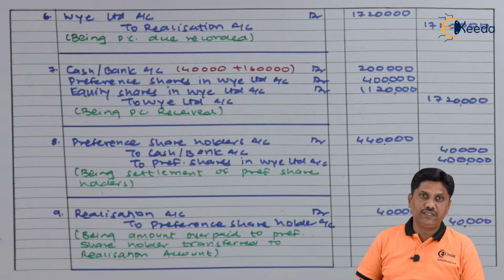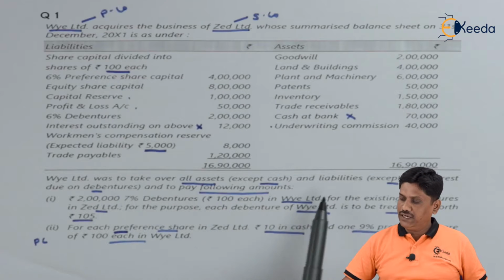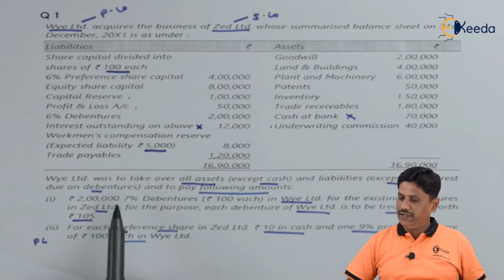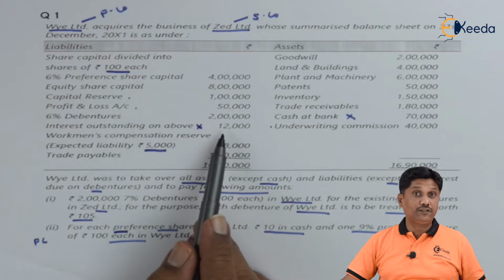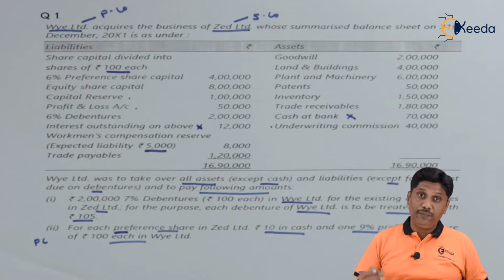Let us see what happens next or whatever additional information is given. In this line, after the balance sheet, you can notice they have taken over all assets except cash and liabilities except interest due on debenture. So this interest we need to pay. This was earlier transferred to realization account, and now when we are paying, we will say realization account debit to cash or bank account.